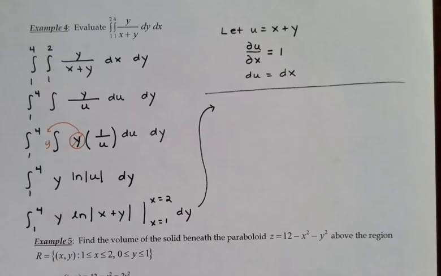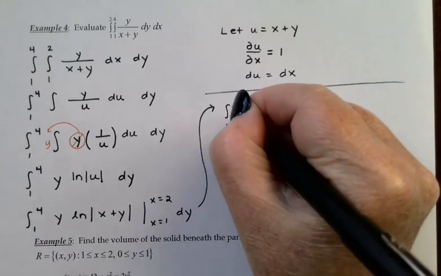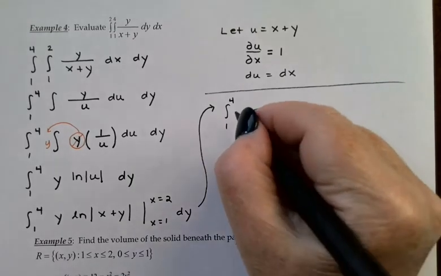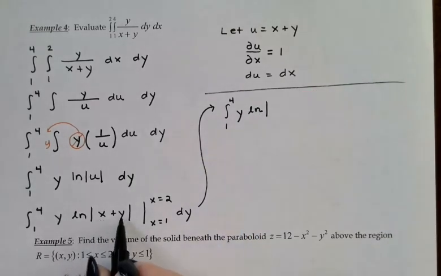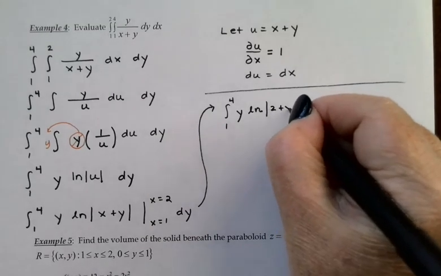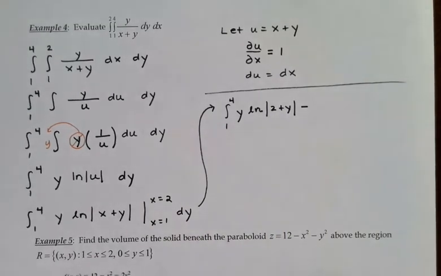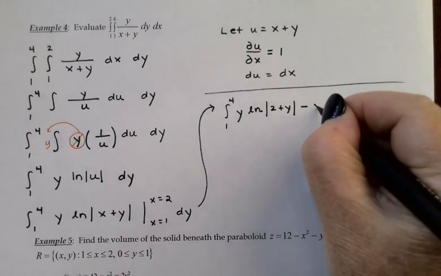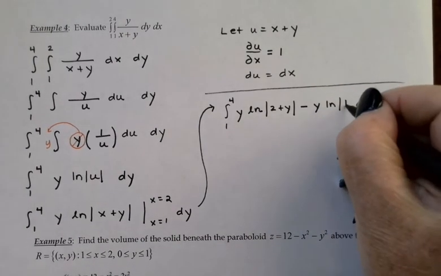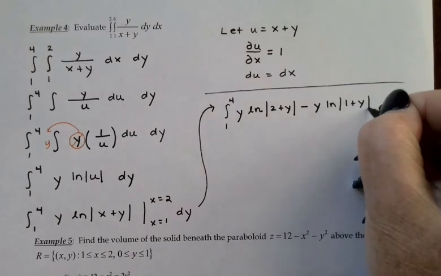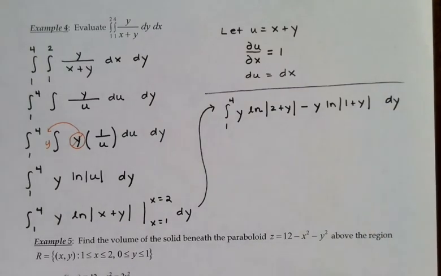All right, plugging in my fundamental theorem of calculus, I have y times the natural log of 2 plus y, subtract y times the natural log of 1 plus y, dy.